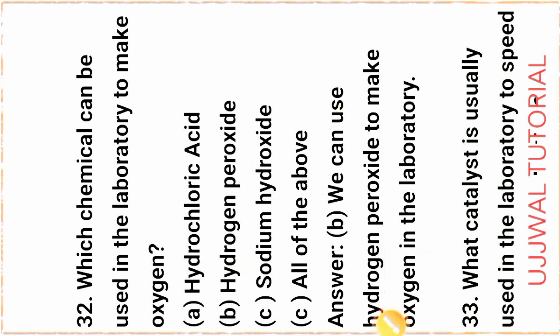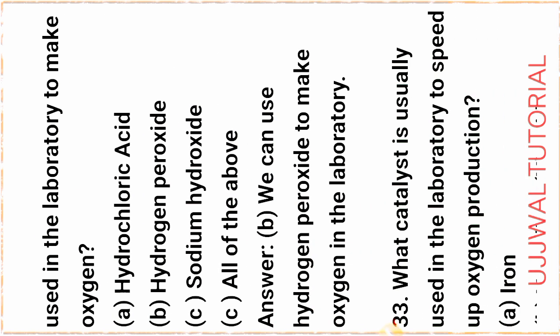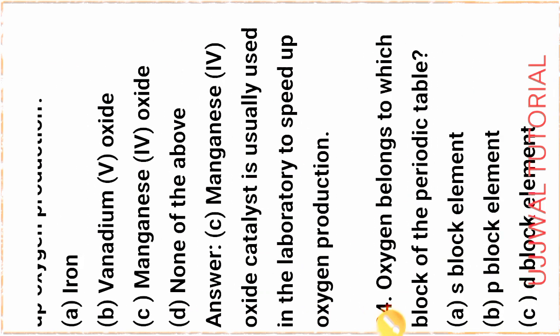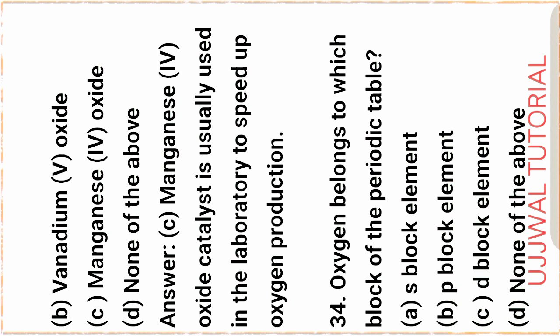Next question, number 33. What catalyst is usually used in the laboratory to speed up oxygen production? Option C, manganese dioxide. Manganese dioxide catalyst is usually used in the laboratory to speed up oxygen production.